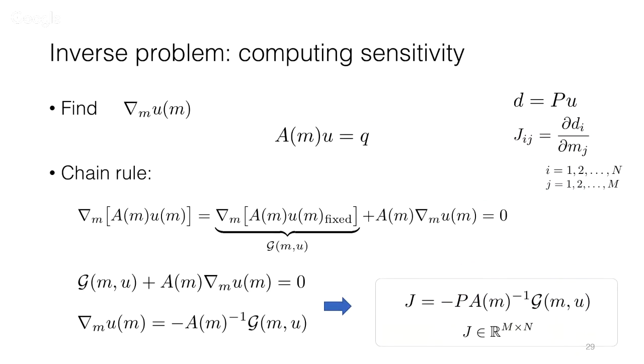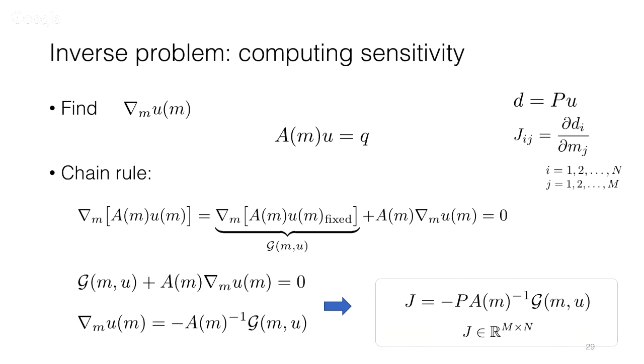So now, how do you compute the sensitivity? What I'm going to show you now is completely generic, and you can use it in all kinds of problems. For many problems, it's actually a must, because the sensitivity matrix, if you think about it, is really big. Let's suppose you've got a 3D problem, so let's say a million cells.